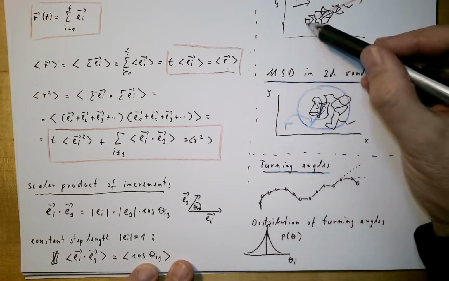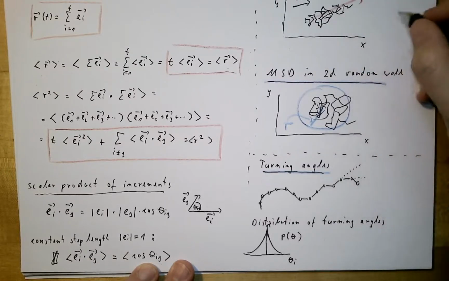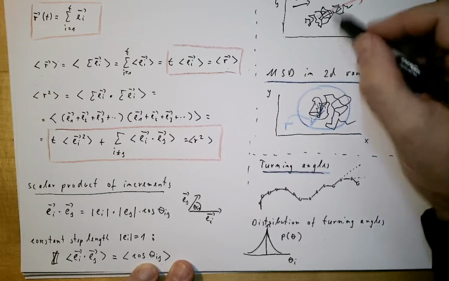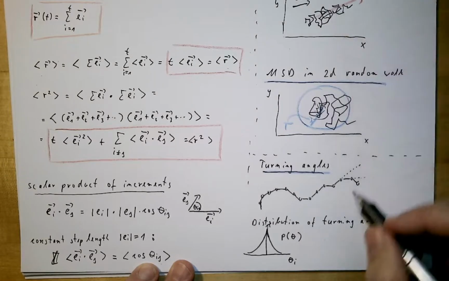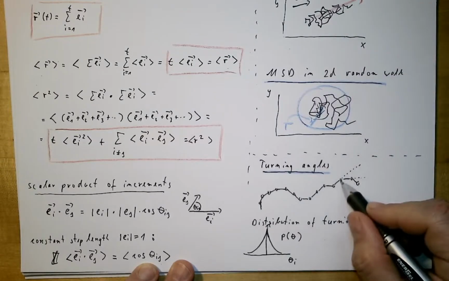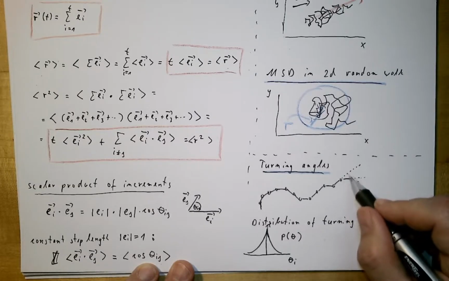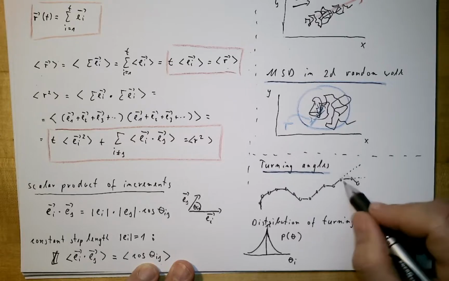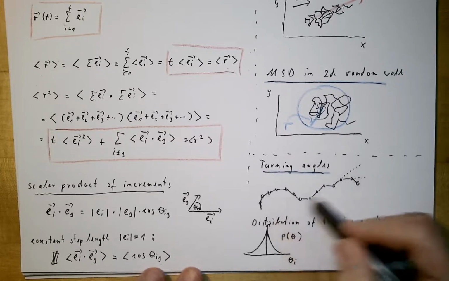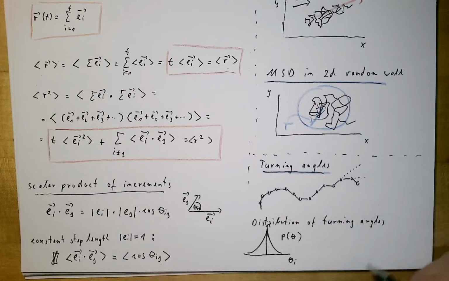So instead of this random walk where at a certain position we just always add a new increment, here we also add an increment, but the increment always has the same step length, and we are interested in how the trajectory turns around. This gives more smooth trajectories.